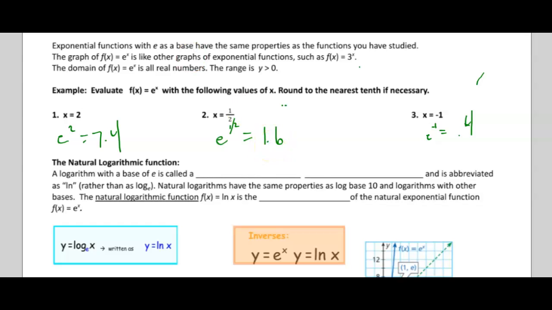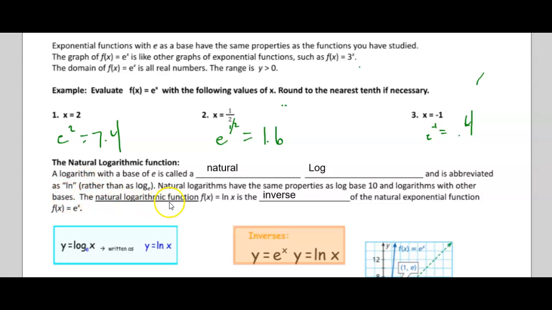Now, a logarithm with a base of e is called a natural log, and it's abbreviated as ln, natural log, rather than as log base e, okay? Natural logarithms have the same properties as log base 10 and logarithms with other bases.